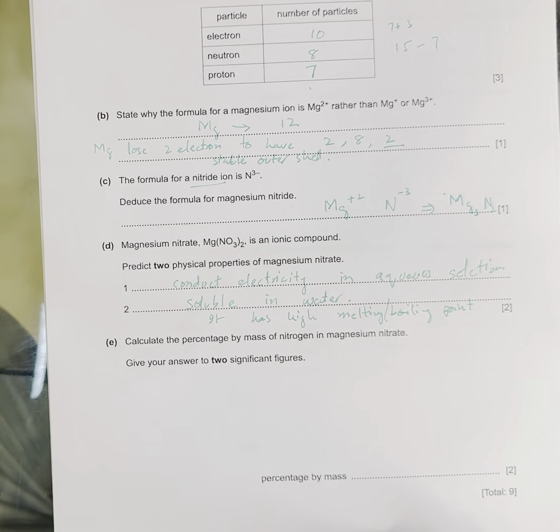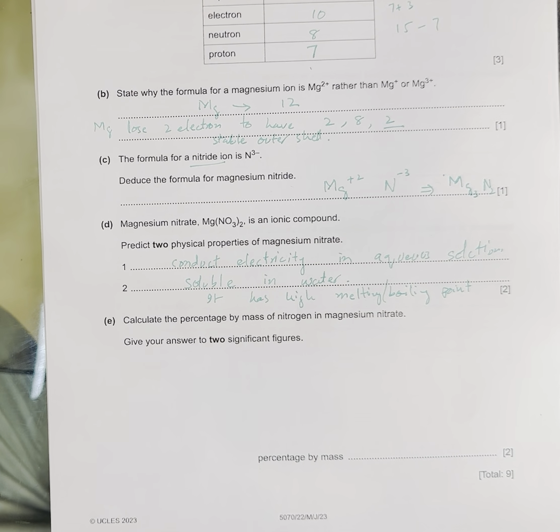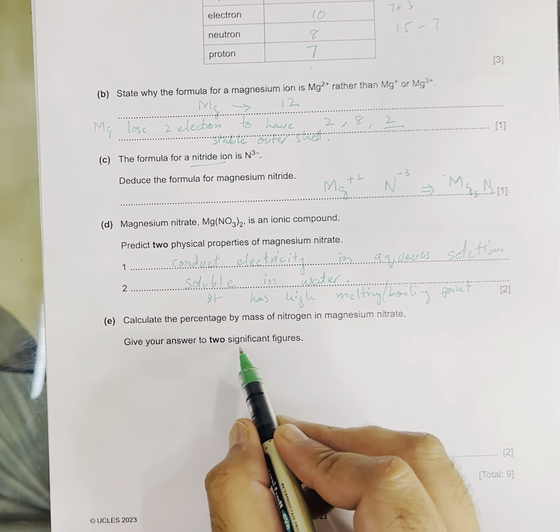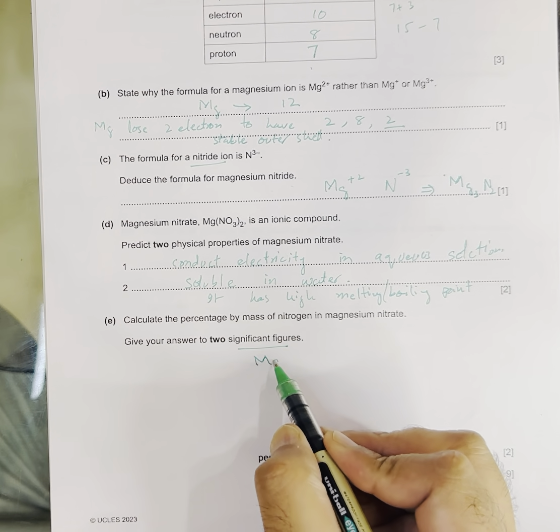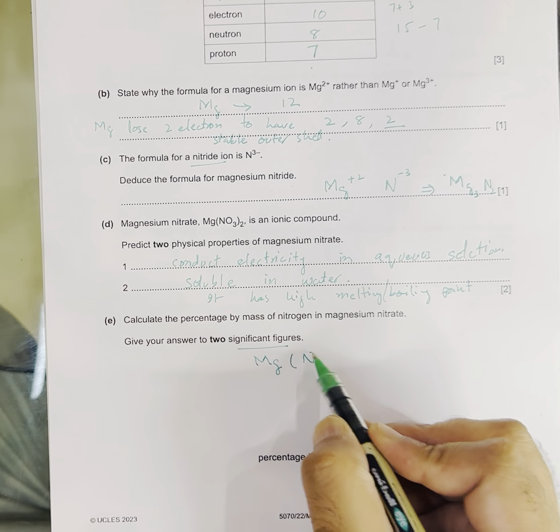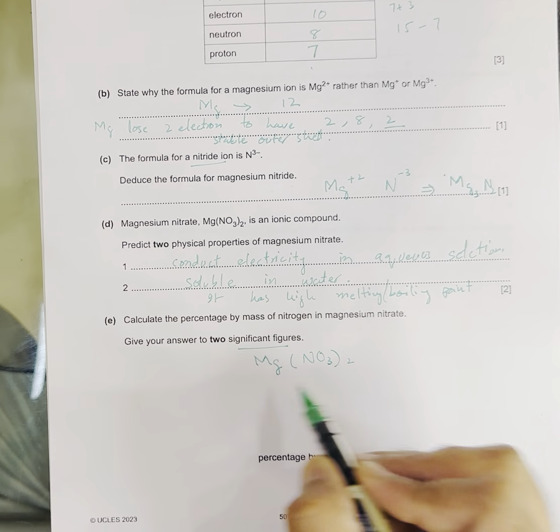Okay, calculate the percentage mass of nitrogen in magnesium nitrate. Give your answer to 2 significant figures. Again, there's some maths involved. Mg(NO3)2.